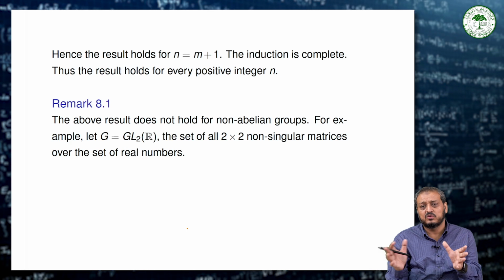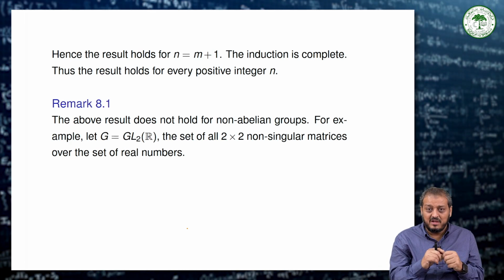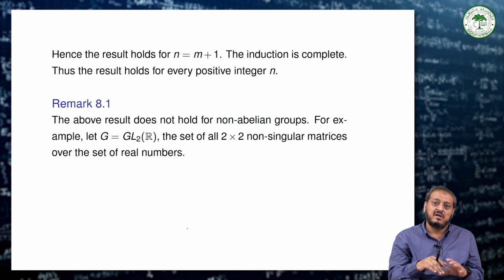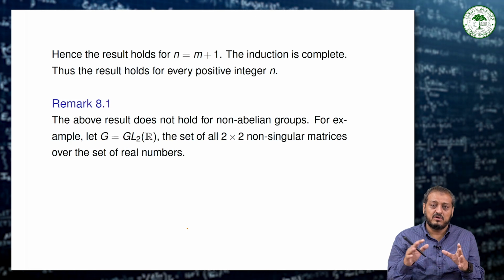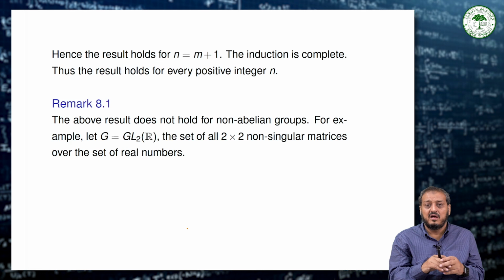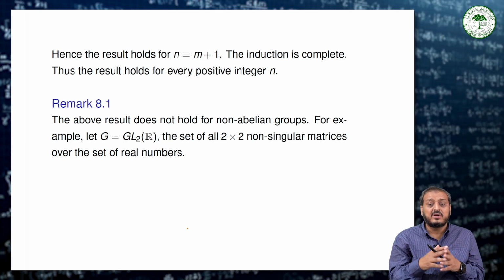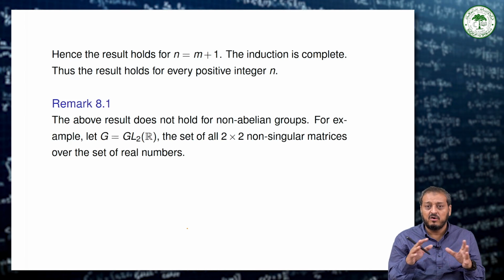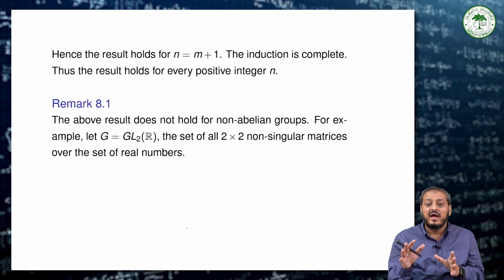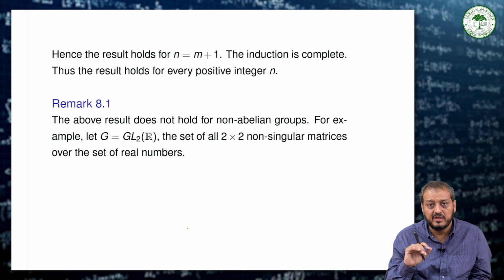We have already proved that this is a group under multiplication, and that it is a non-abelian group. GL2(R) is the collection of all invertible matrices, with determinant not equal to 0, and clearly this is a non-abelian group.